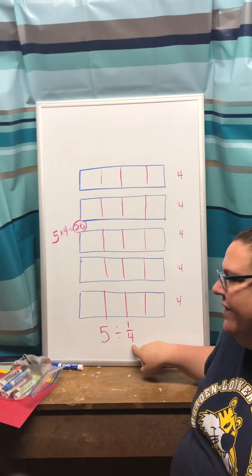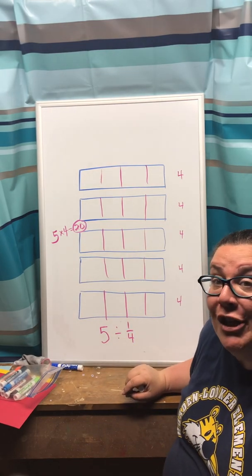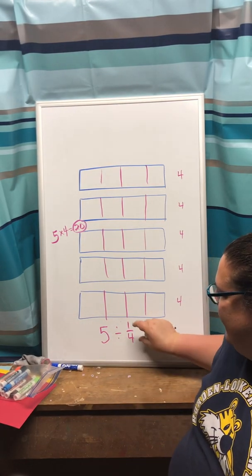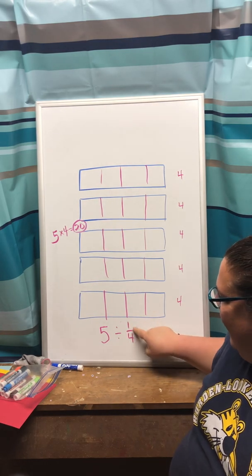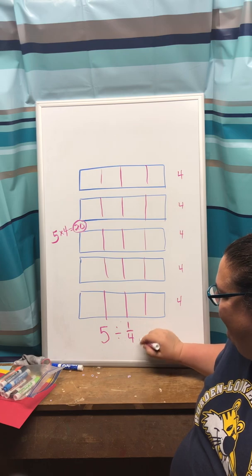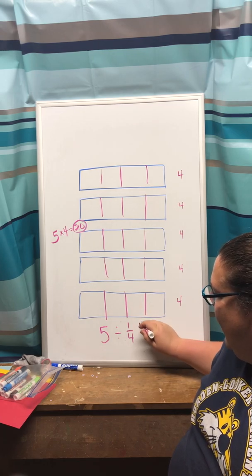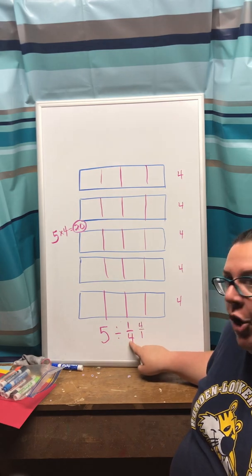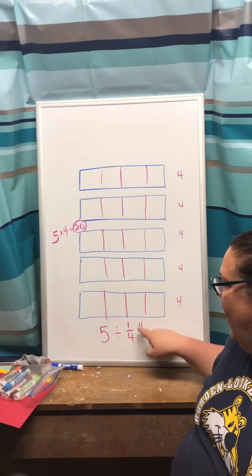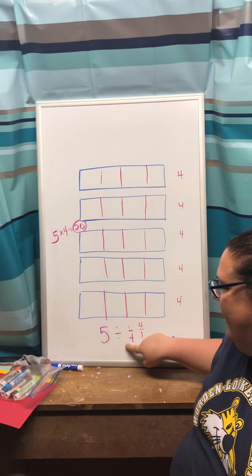So when I'm doing division, one of the things that I actually do to divide is I flip my fraction over. So if I take the 1/4 and I flip it over, and I do 4 over 1, by cutting them into quarter pieces, I'm cutting them into 4 pieces, right?